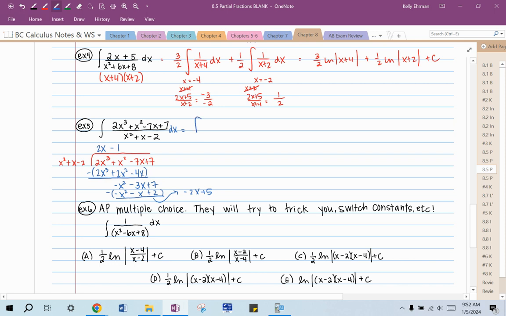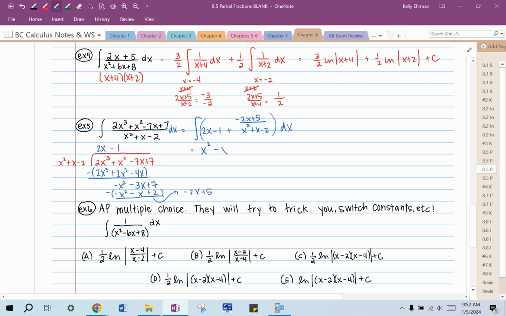So now the problem is the integral of 2x minus 1 plus negative 2x plus 5 over x squared plus x minus 2. All of that gets a dx. Now, the first two terms are easy to integrate. 2x becomes 2x squared over 2, which is just x squared.